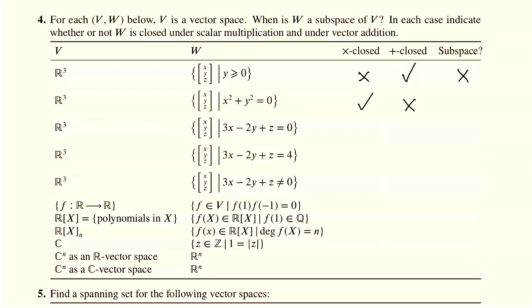That's not the case. Let's say you've got x, y, and then u and v, with x squared plus y squared equals 0 and u squared plus v squared equals 0, and then you're looking at x plus u squared plus y plus v squared, and that's not going to be 0 in general.